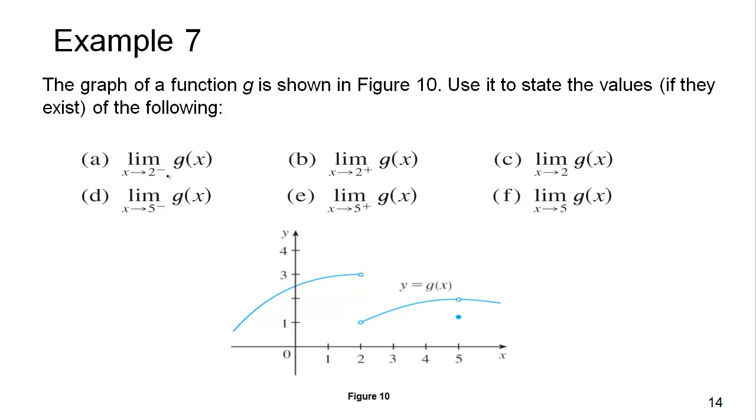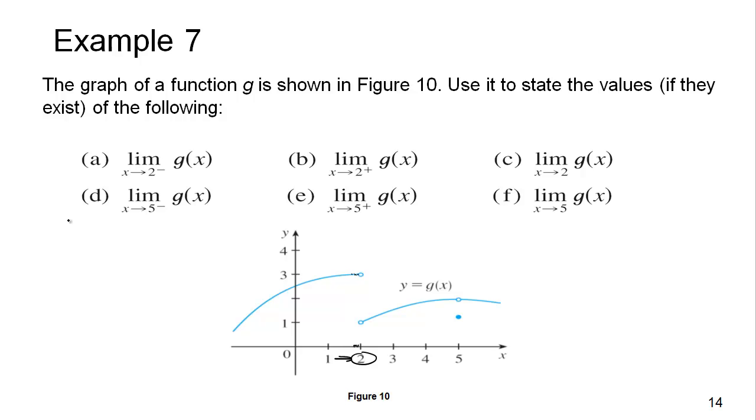We're approaching 2 from below. So we're coming at 2, but we're coming at it from smaller numbers. So we're looking at things here, right? Dot, dot, dot, dot, dot. Things really close to 2. And as we get really close to 2, where are we on the function? Well, if we're to the left of 2, aren't we on this function? And we're getting closer and closer to this point, which is 3.